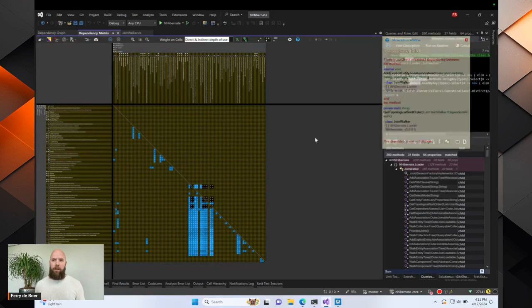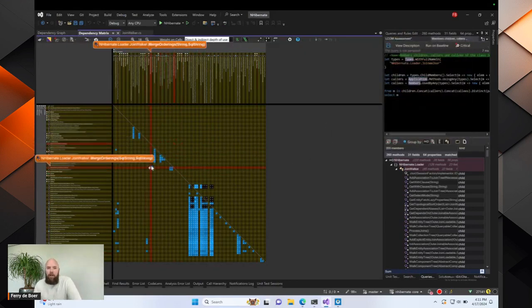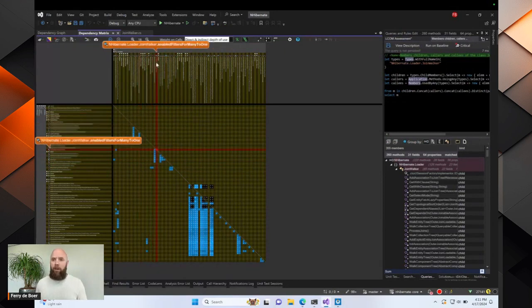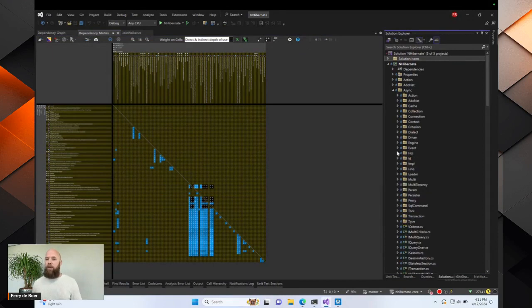Now, what's interesting is that you can also see this pattern on a namespace level. This explains a bit better what cohesion looks like when you do it on a namespace level.